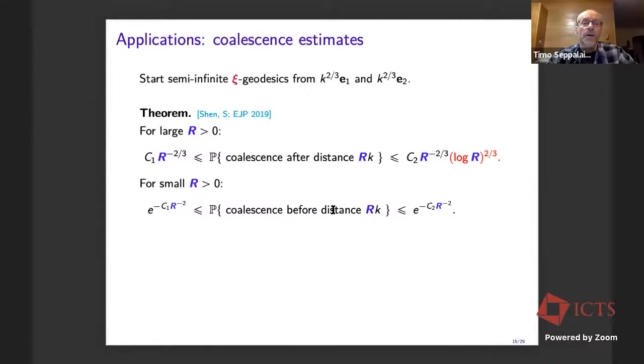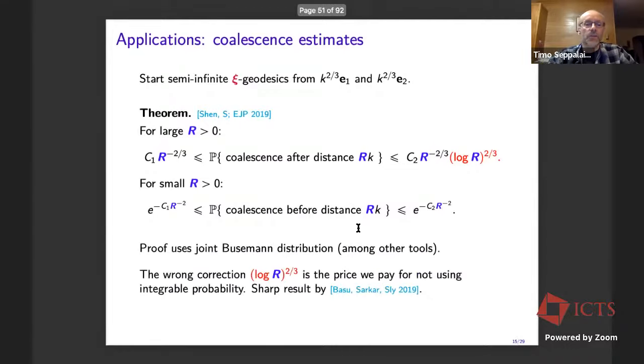If you want to know more about this work, this is work with Xiao Shen, who is right there with you. He can tell you about this. So this proof used a number of inputs, and among them was this joint Busemann distribution. And you notice our proof for long time coalescence is not quite ideal.